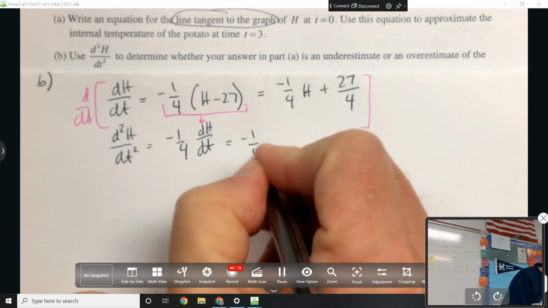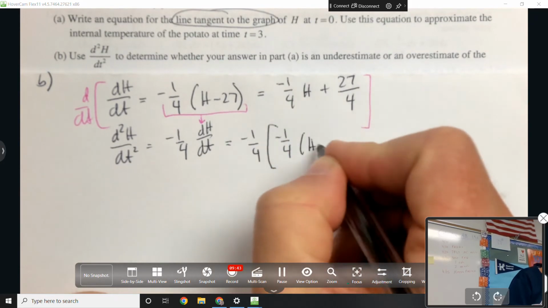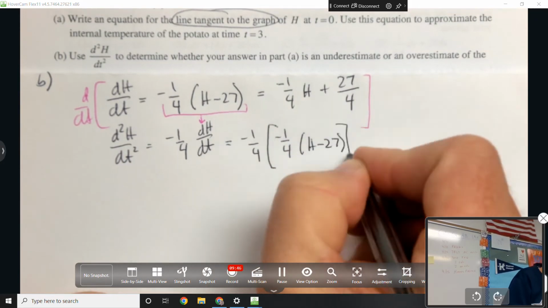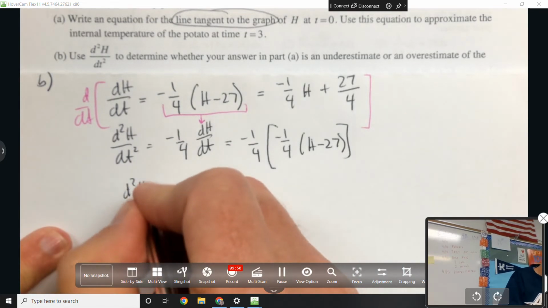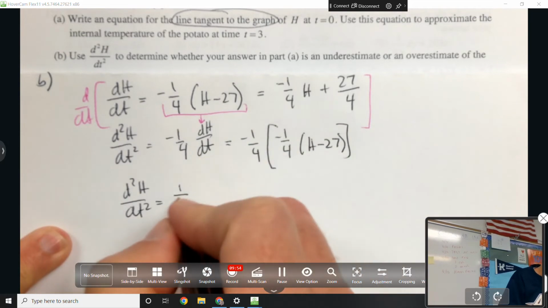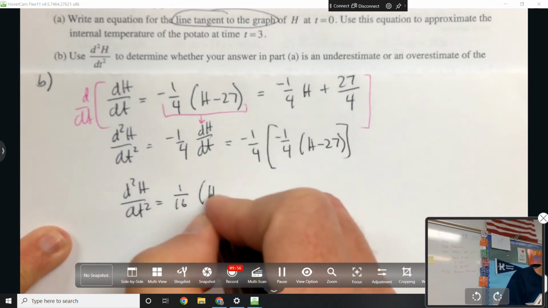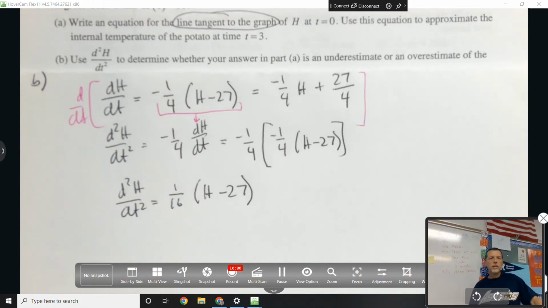So negative 1/4 times negative 1/4 times h minus 27. So my second derivative then is 1/16 times h minus 27.